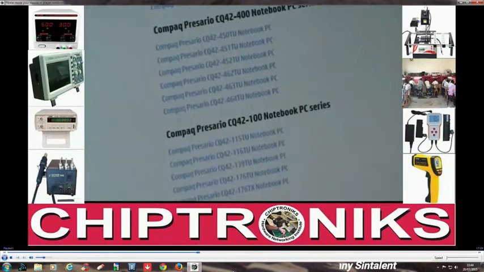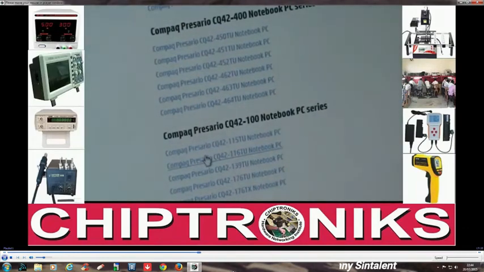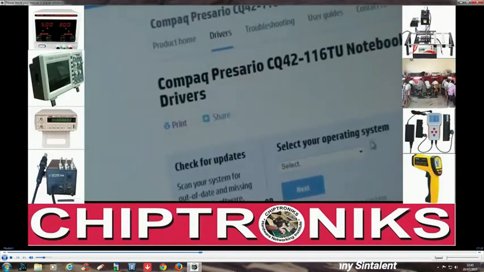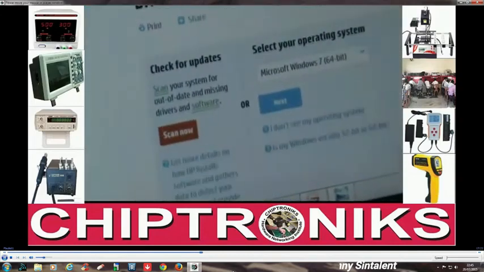Now yes, open, select the operating system.